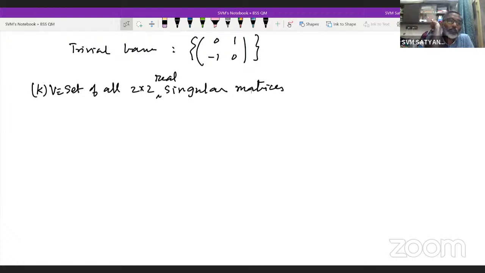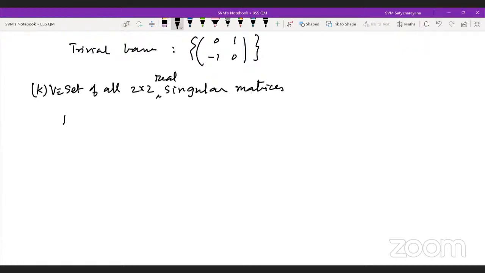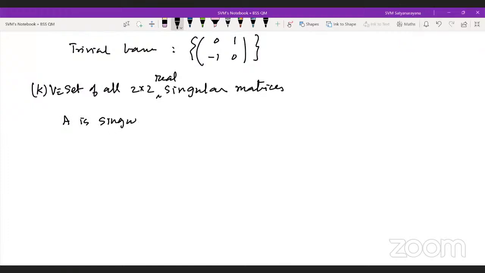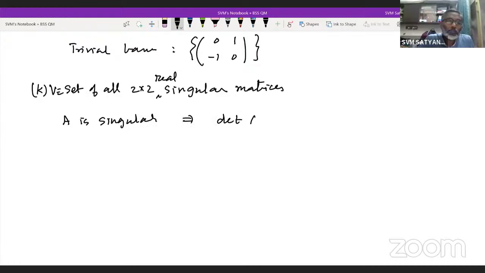What do you mean by a singular matrix? A matrix A is singular implies determinant of A is 0. Non-singular means determinant of A is not equal to 0. Now, first of all, we can ask the question, is this a vector space?